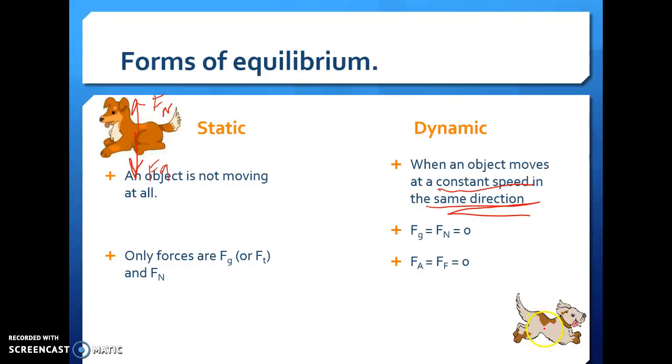So up and down are the same, and the amount of force the dog is putting into his movement is just enough to counteract the frictional force. Now, if the applied force arrow was greater, then the dog would be speeding up. But because he's giving just enough force to counteract the friction, he's staying constant. He's moving at a constant speed.